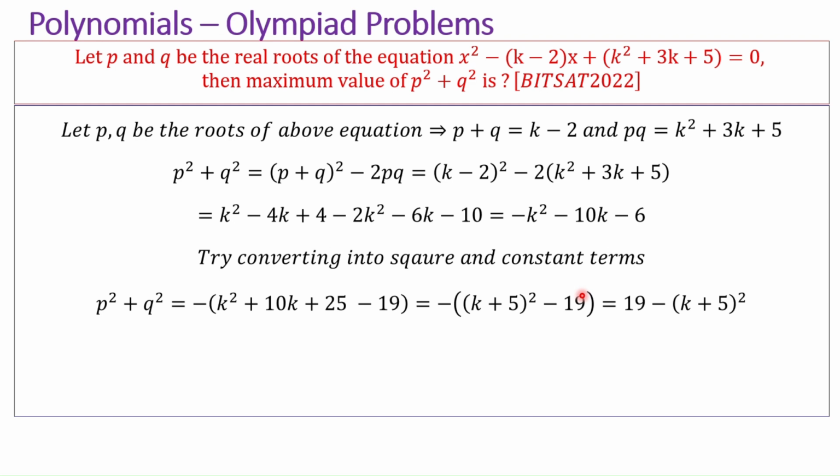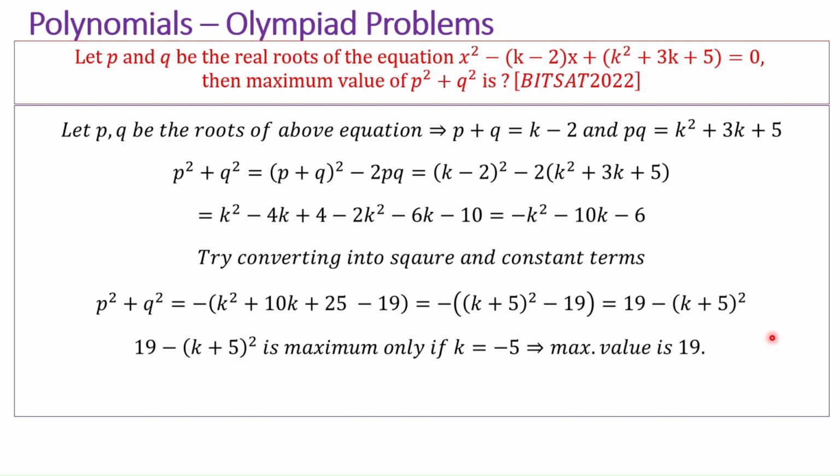So you add basically 25, because it is 10k here, 2 into 5k, you can call it 2 into 5 into k, and k square is there, so 5 square we will add, that is 25 here. And to do that we need to subtract 19. Alright, so this will become basically 19 minus k plus 5 whole square, right?